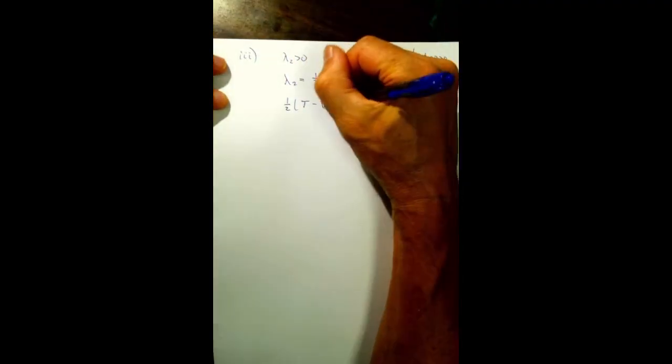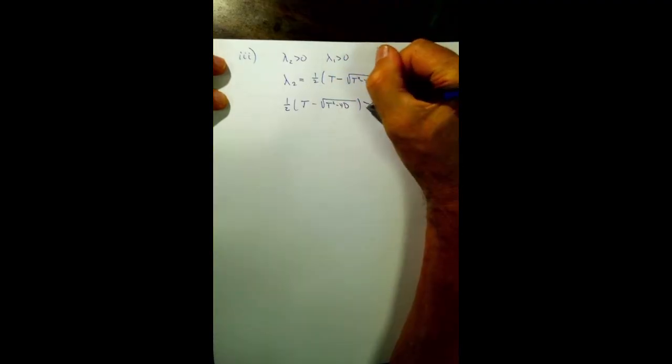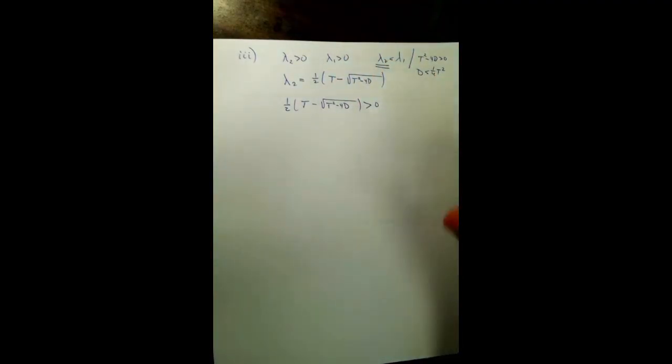So I already know that t squared minus 4d is positive, which means that d is less than 1/4 t squared. So I'm forcing this to be positive, and that has to be true. So I'm underneath the parabola.